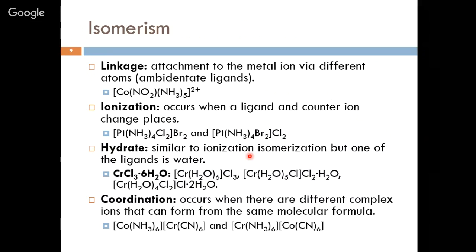So we can have hydrate isomers, and that occurs where we basically have the ligands and the counter ions changing places, but one of the ligands is water. There are some examples shown here for this hexahydrate chromium complex, where the number of waters attached to the chromium is what varies.